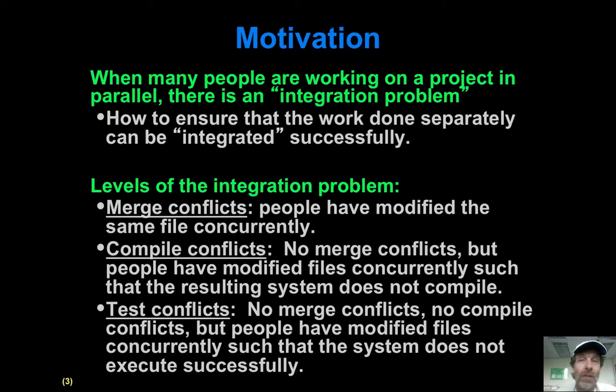And there's several ways you can kind of fail to integrate correctly. One potential cause of failure is when two people modify the same file, and even maybe the same line. That's certainly going to be a problem when you try to integrate. Another problem could be that people don't modify the same file, but they modify different files in such a way that the system no longer compiles.